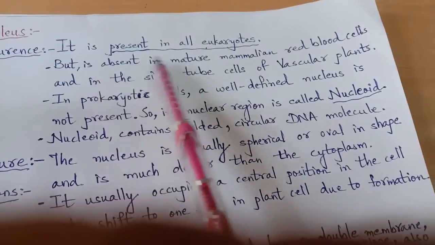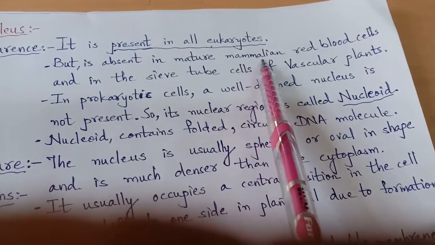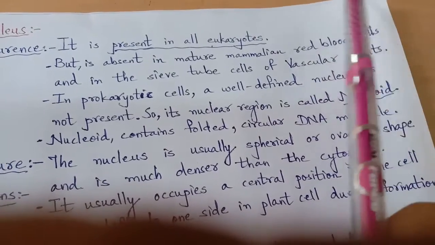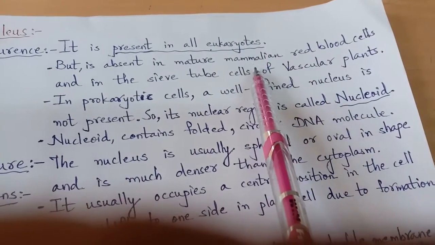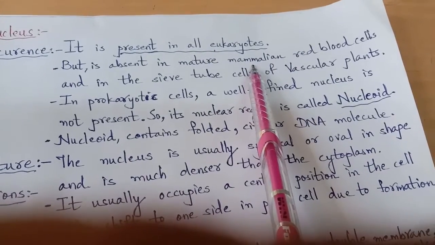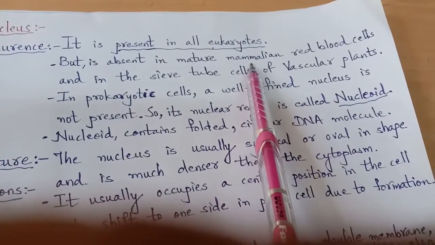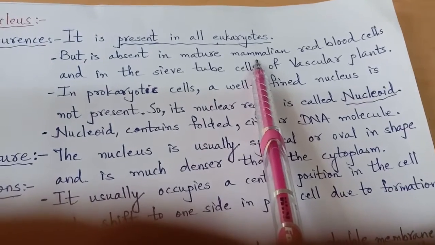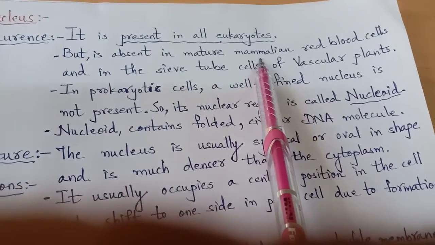But it is absent in mature mammalian red blood cells. Mammalians, right? We are the human beings, cow, buffalo, goat. They are the beasts of burden, four-legged animals. We are the two-legged animals.